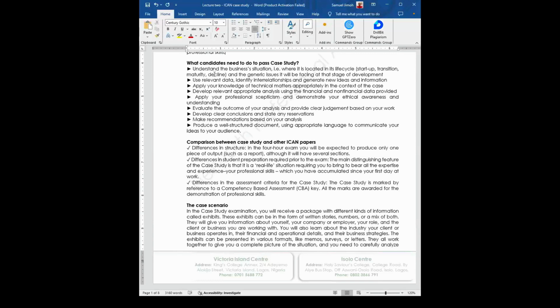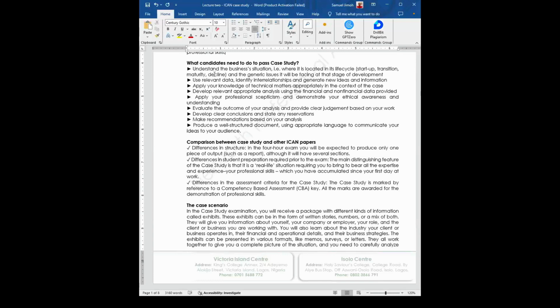And if the business is in transition to maturity or decline phase, then you will be able to see how these phases will affect the performance of the business. So your job should be that you should be able to link this performance with the business situation.